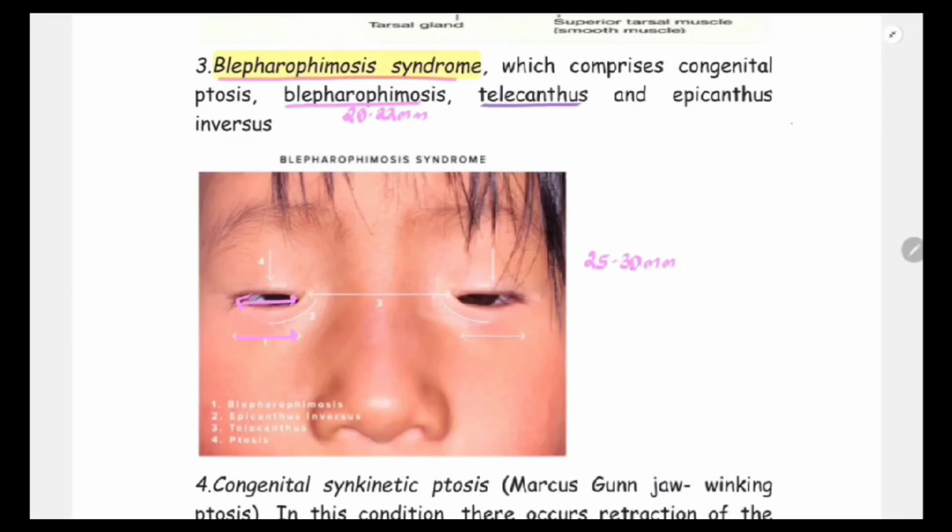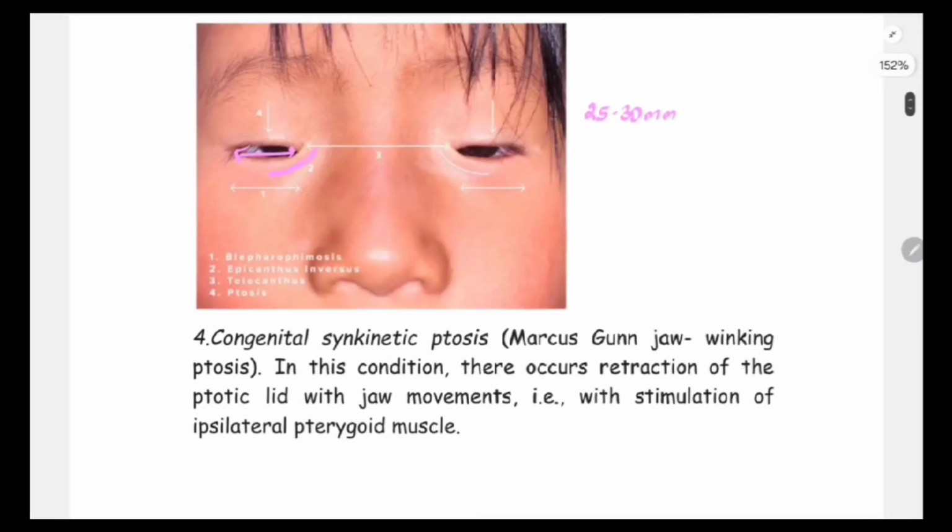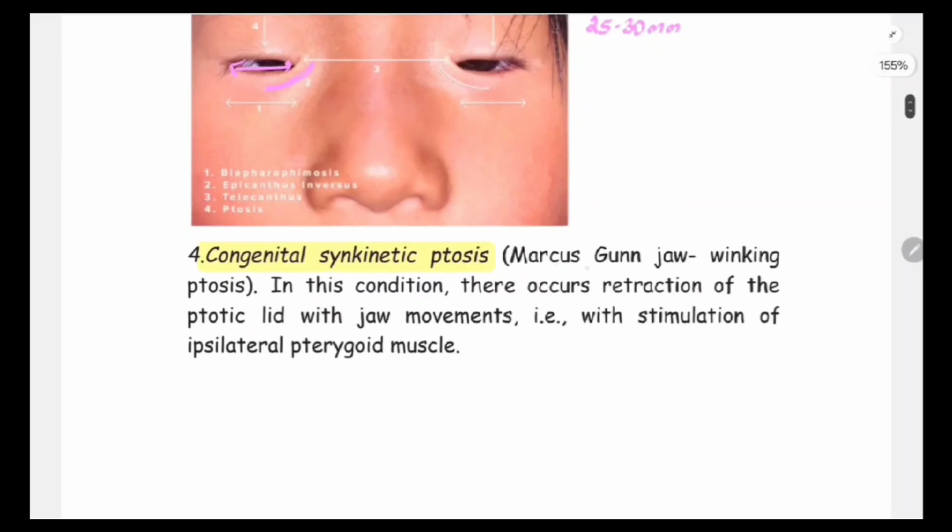In telecanthus, there is increase in the interorbital distance. Then there is epicanthus inversus. Epicanthus inversus is defined as a skin fold rising from the medial lower lid and extending to the upper eyelid.